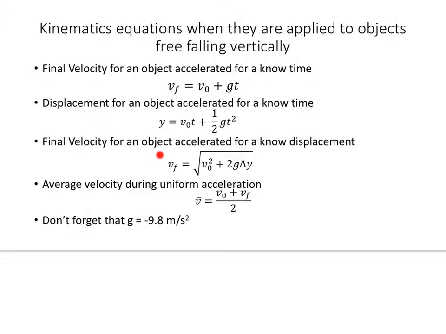And then the final velocity for an object accelerated for a known displacement is equal to the square root of the initial velocity squared plus 2gy. And then this one is unchanged. The average velocity is just equal to initial plus final divided by 2. Now in all of these equations, don't forget that g needs to be negative 9.8 meters per second squared.